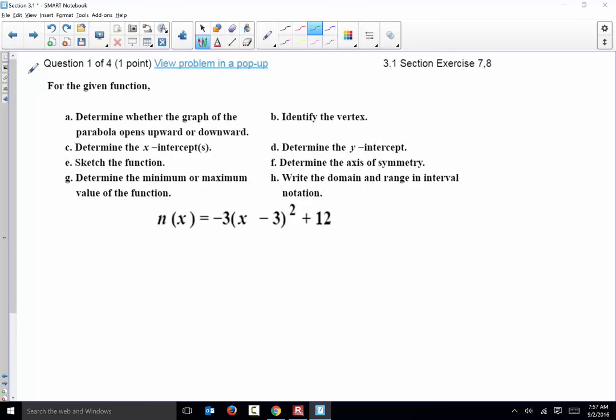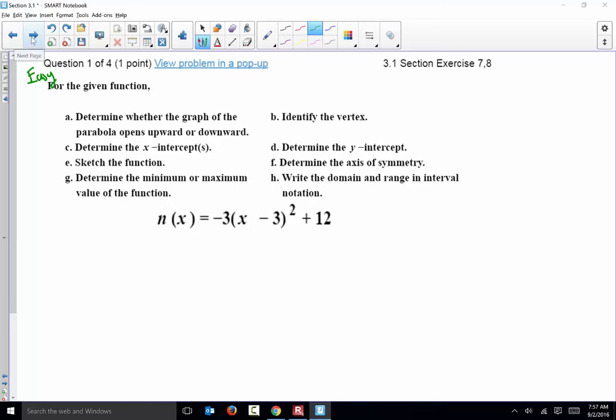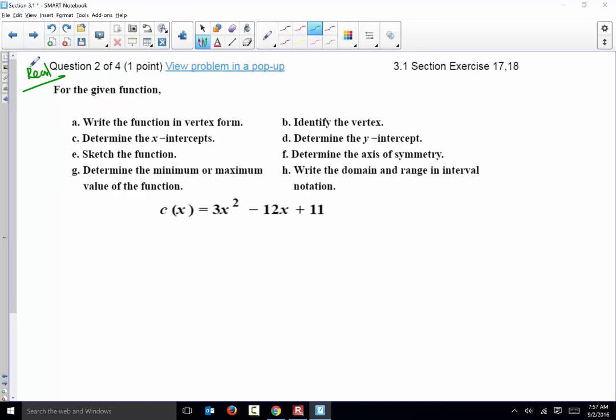Now, this one is kinda easy. When you compare the equations given, tell me why number 1 is easier than the real question number 2. Compare the equations. Any ideas? Why is number 1 kinda easier?